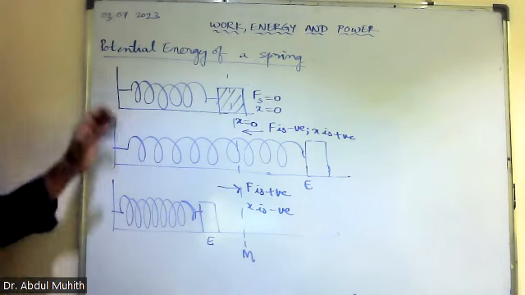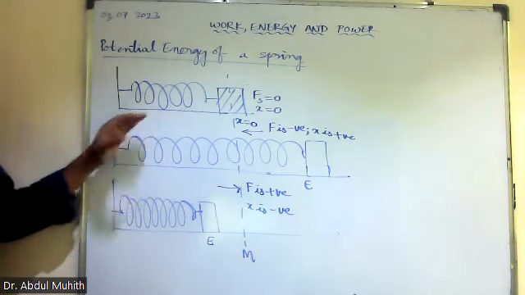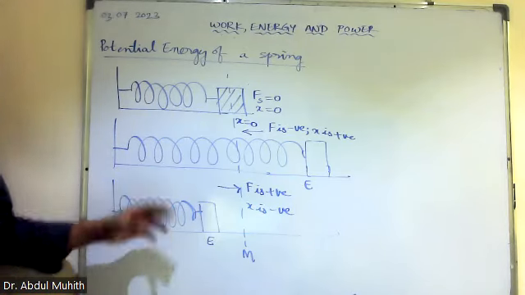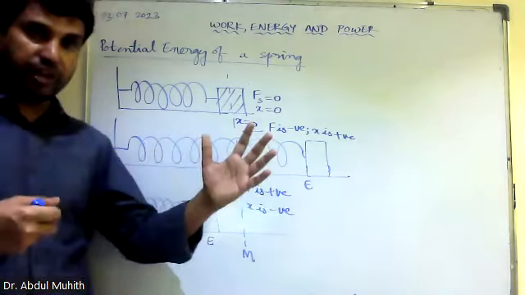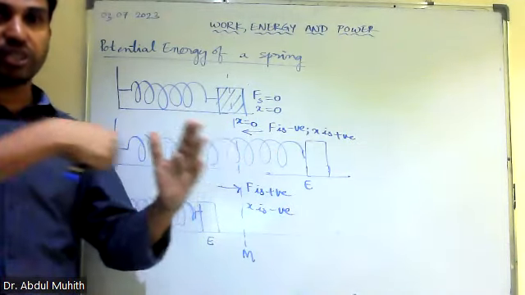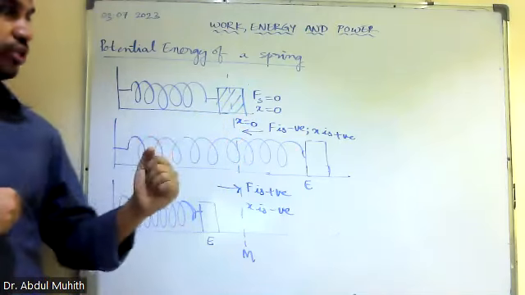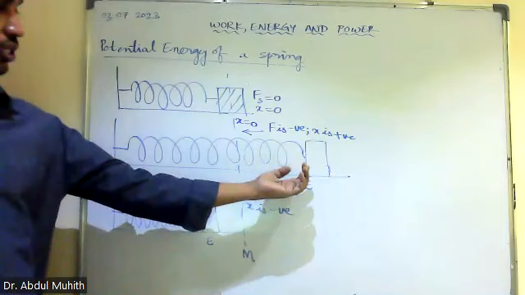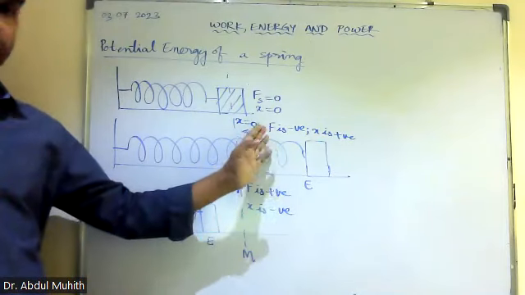This is the normal situation, this is when the spring is stretched, this is when the spring is compressed. It means if you stretch the spring and release it, it starts vibrating towards its mean position. When the spring is stretched, force is negative but x is positive.